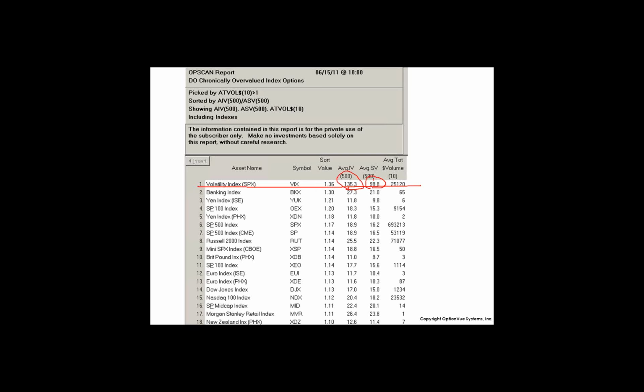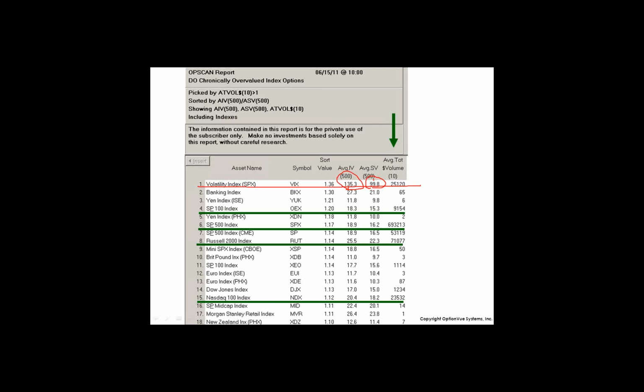But that said, let's go on down the list, and I go down the list by looking at the volume. I see that the OEX is the most chronically overvalued index that has any kind of decent volume. Next is the SPX. Next is the Russell, the NDX down there.